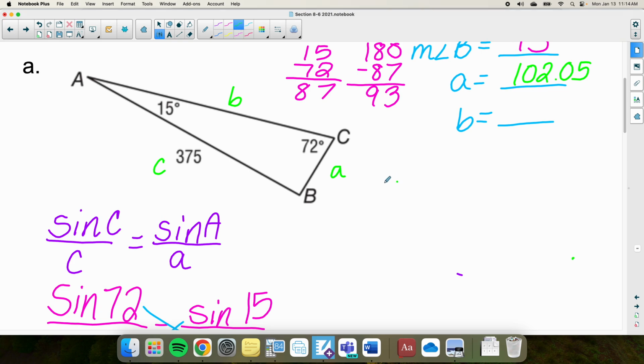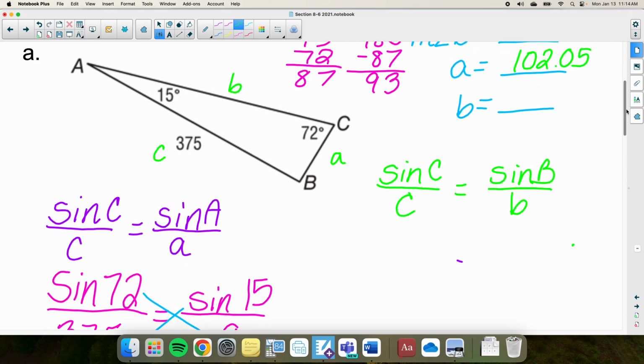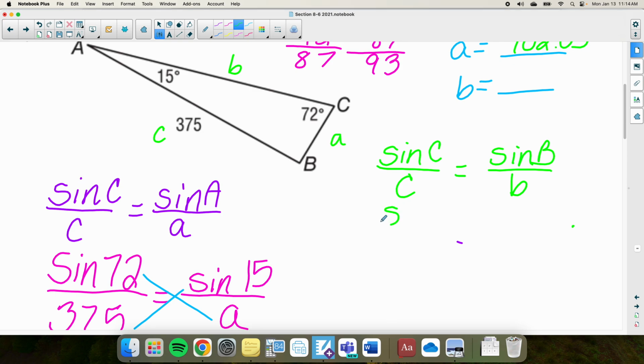So I'm going to go sine of c over little c. But this time I want to find little b, so I'm going to go sine of b over little b. Okay? So sine of c again would be sine of 72. Little c is 375.